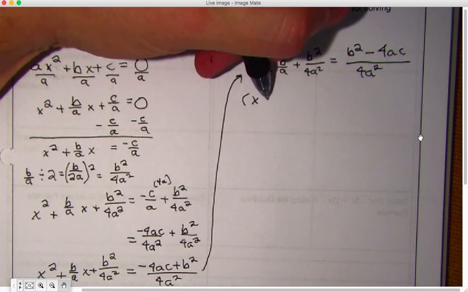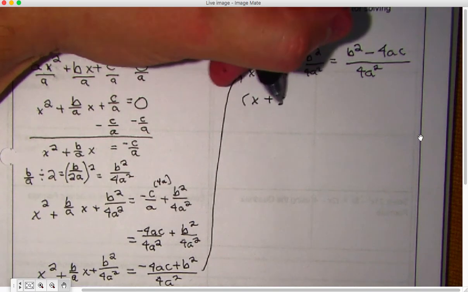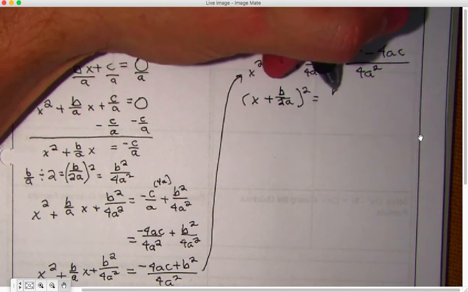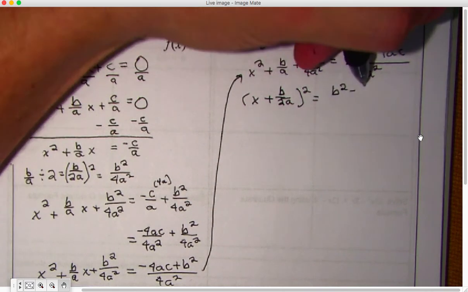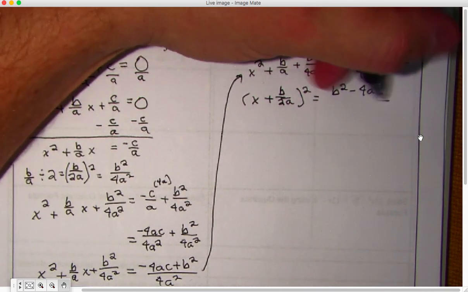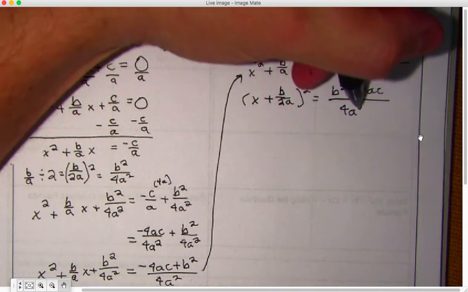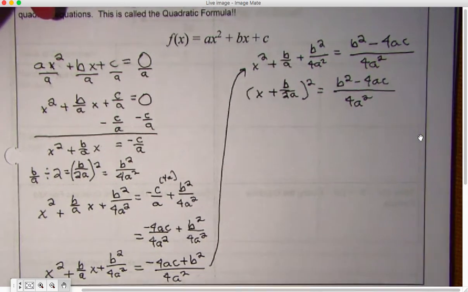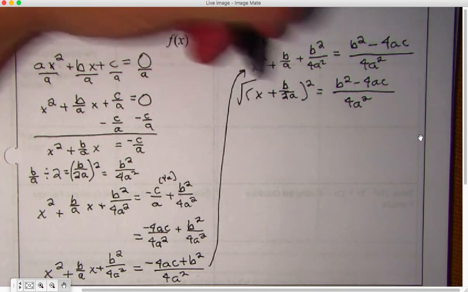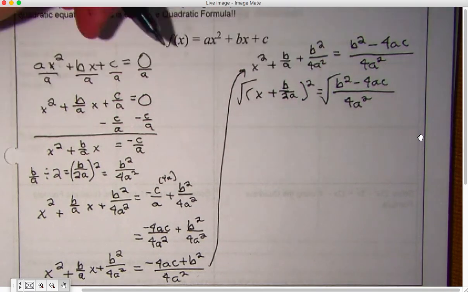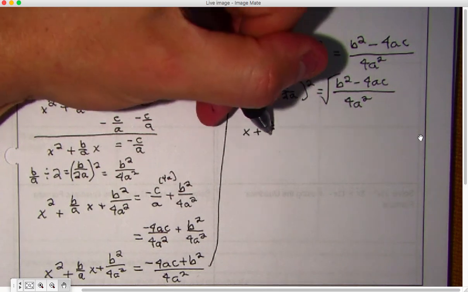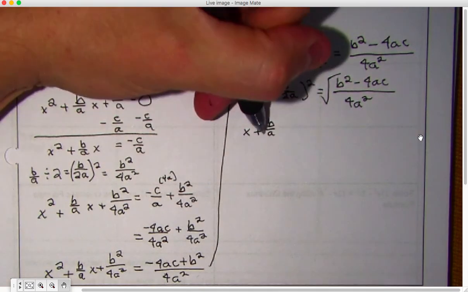So we have x plus b over 2a, the quantity squared, equals b squared minus 4ac over 4a squared. Whew. Okay, we got a square root next.